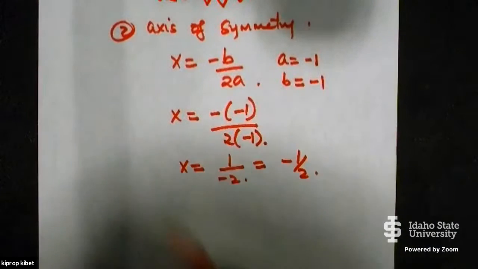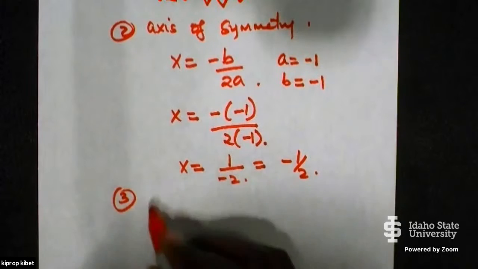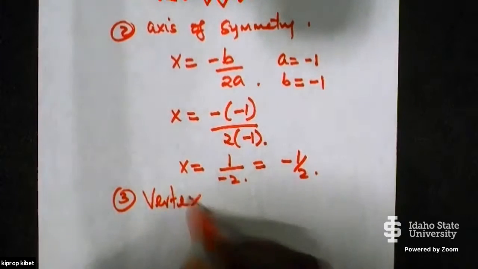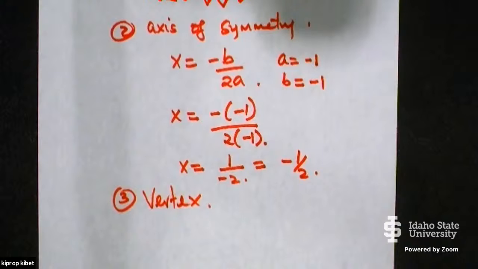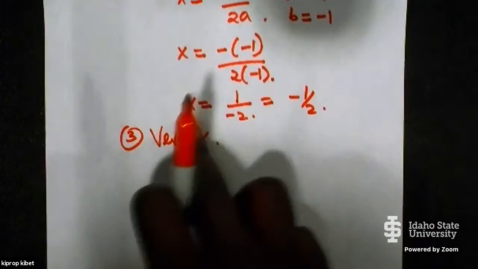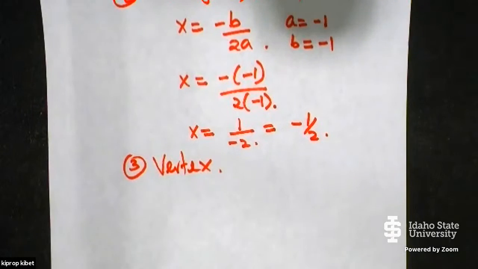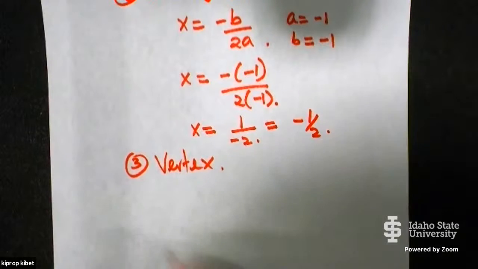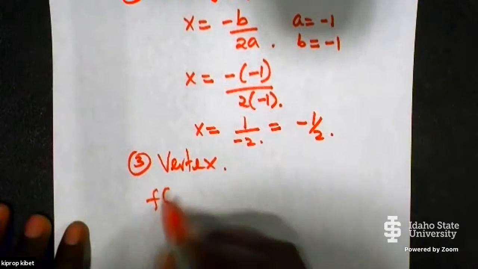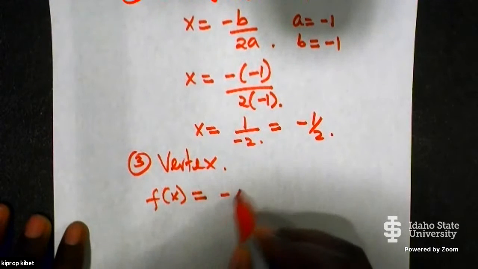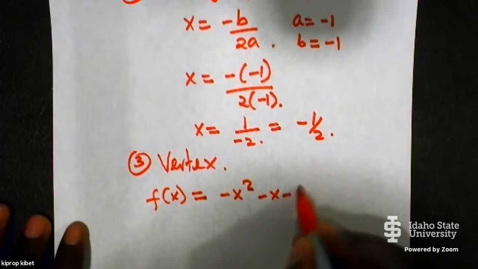Then the next one, property number 3, is the vertex. So you look for the vertex. How will you get the vertex? We replace the value of the axis of symmetry here. Our function is f of x equals to minus x squared minus x minus 6.